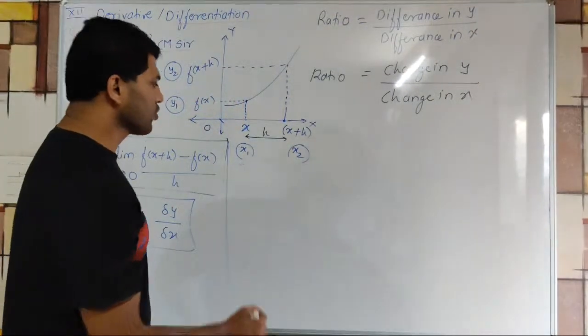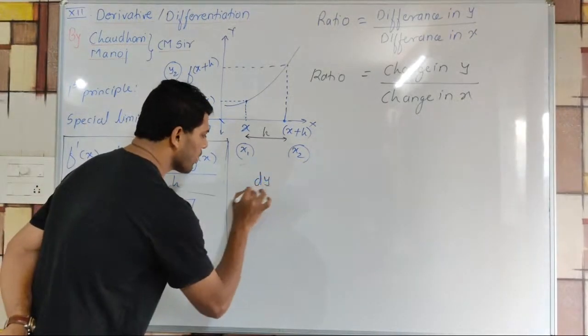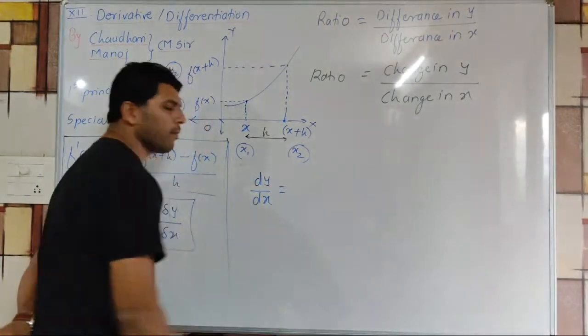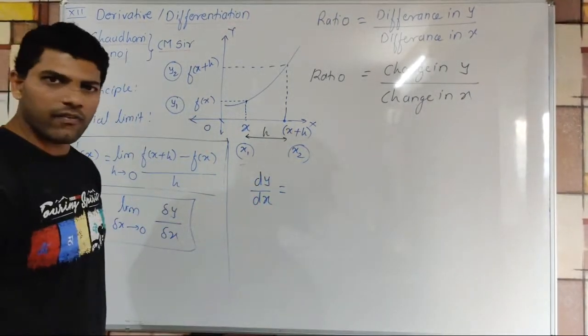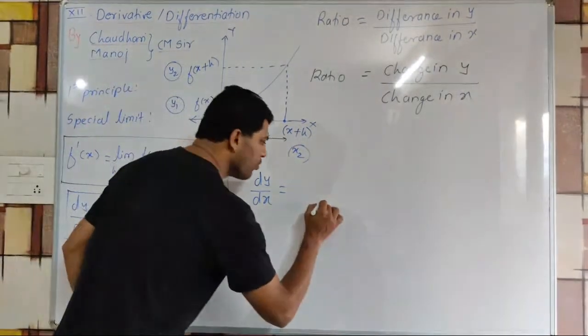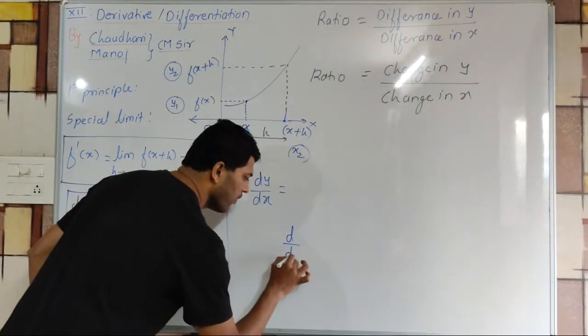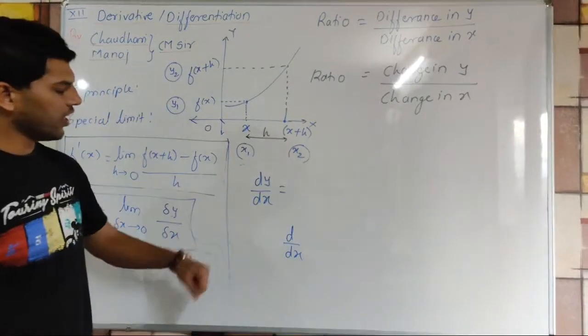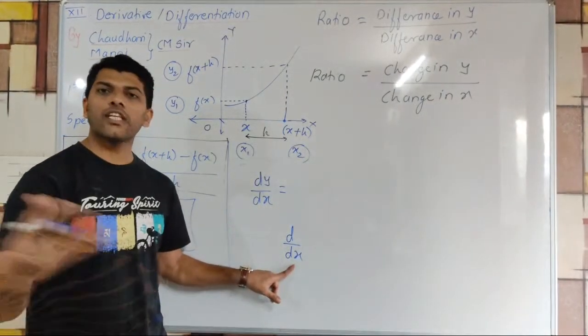Finally, let me write down our own symbol, dy by dx. This is the main symbol of the derivative. Every process has its symbol. Read it as derivative with respect to x.